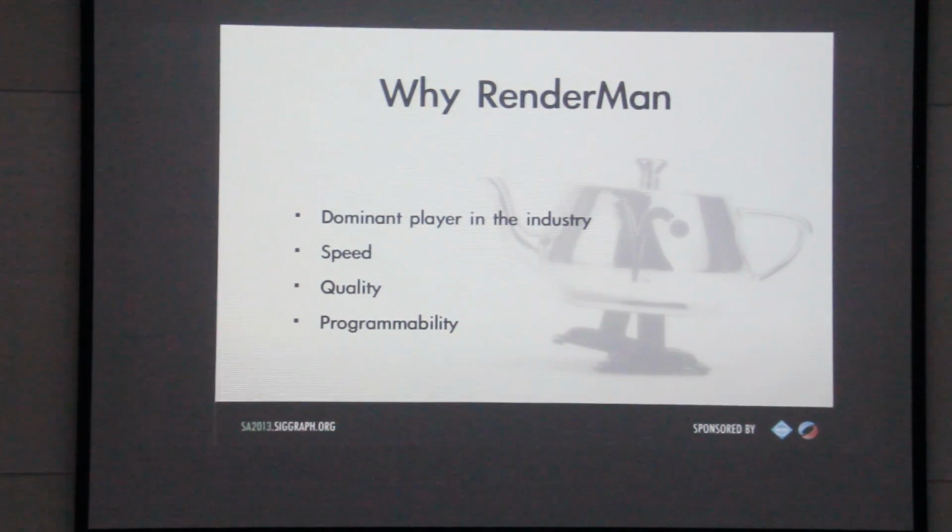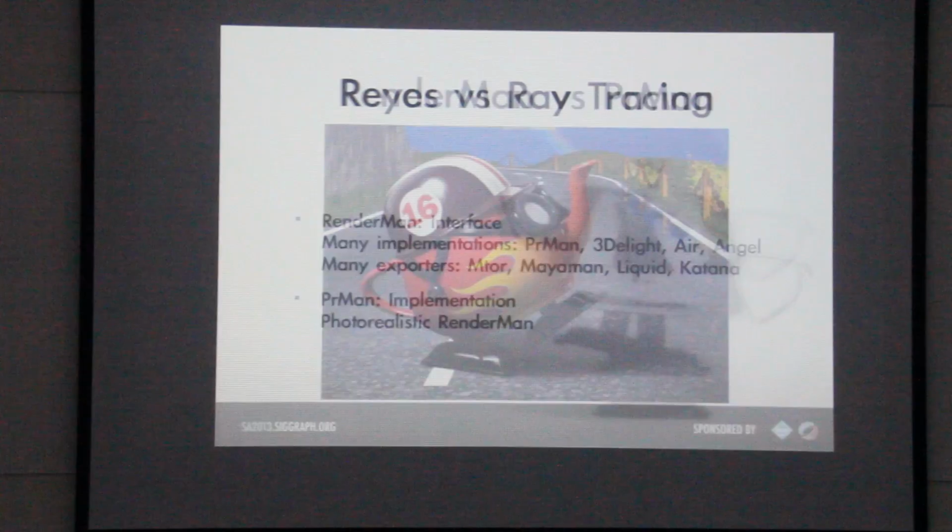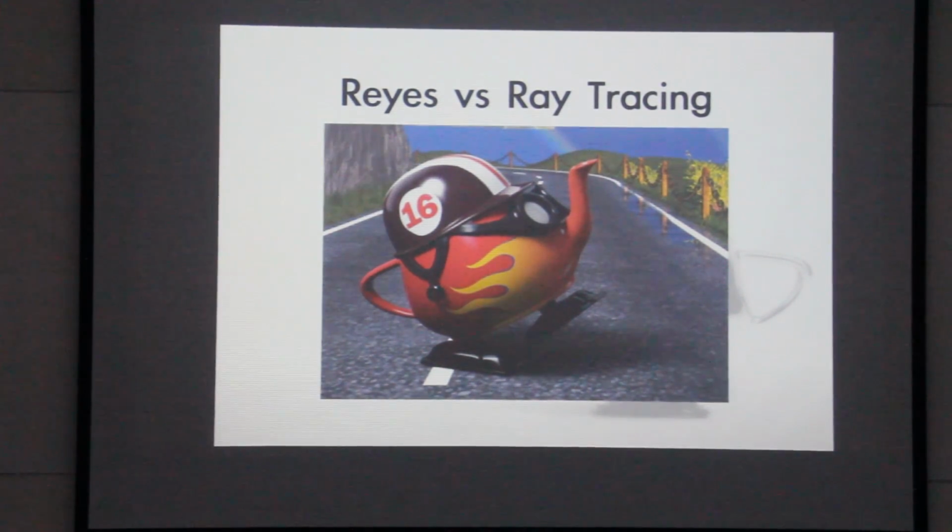The reason I'm talking about RenderMan is because it's still the dominant player in the industry, and also because of all those benefits I mentioned before. And RenderMan is not just a product; it could be an interface that many renderers use, like 3Delight, the free one I mentioned, that I recommend you give a try. So now I'm going to explain the difference between REYES and ray tracing rendering.